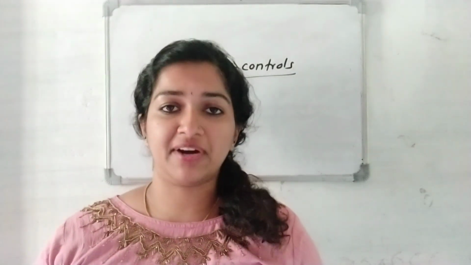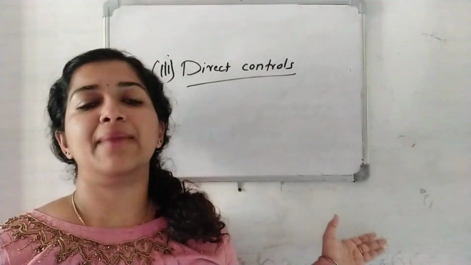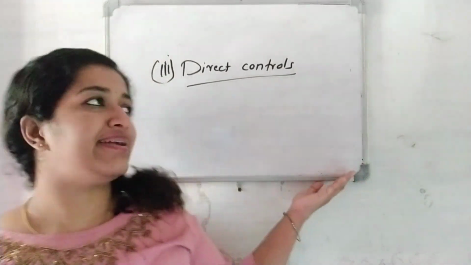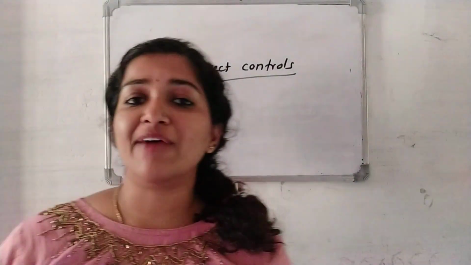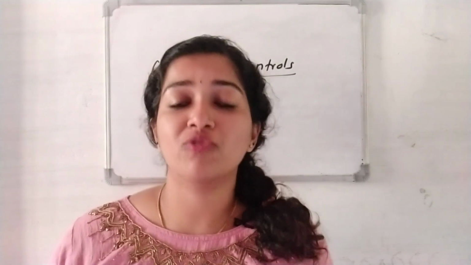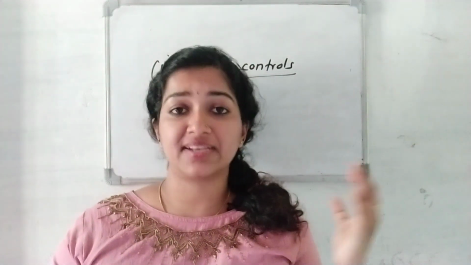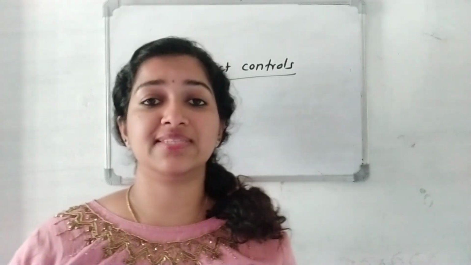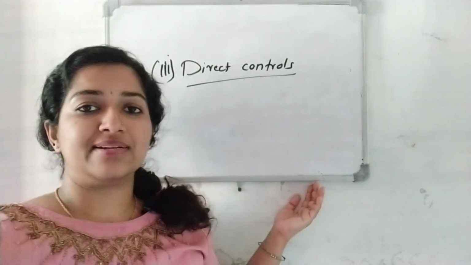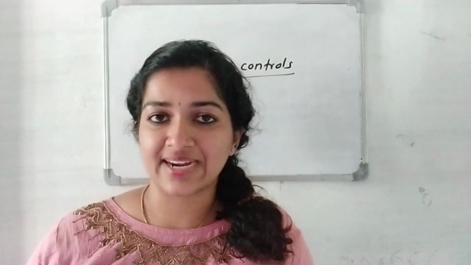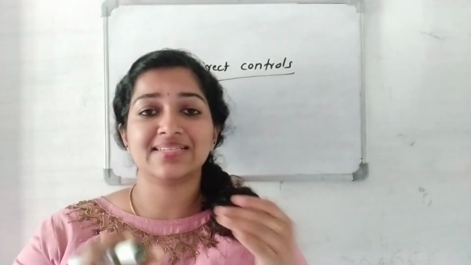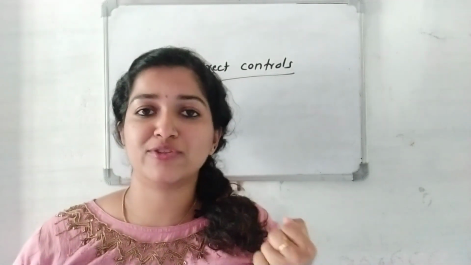We can look at the third way of controlling balance of payment disequilibrium, that is direct controls. To avoid the unhappy consequences of deflationary policies, the government may adopt direct controls in correcting the deficit in the balance of payments. Under direct controls, there are certain measures which help in correcting balance of payments.